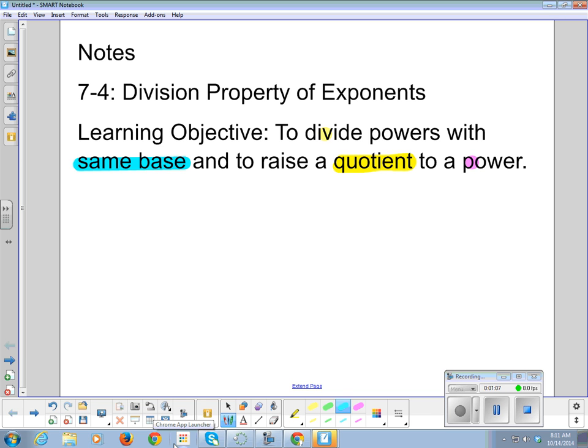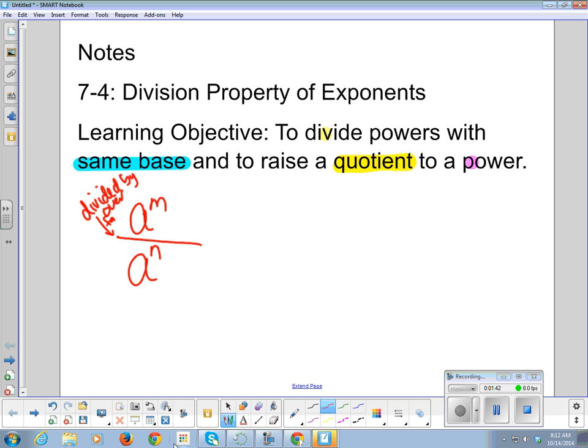All right, so here's the property. If you have base a raised to the m power divided by base a to the n power, please remember that this little fraction here, we usually say over, we can say divided by, it is a fraction.